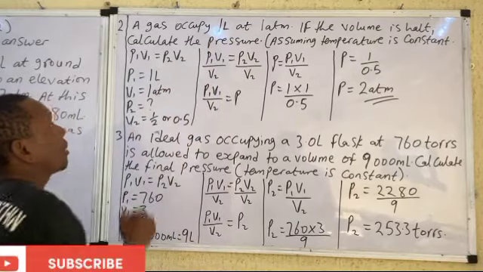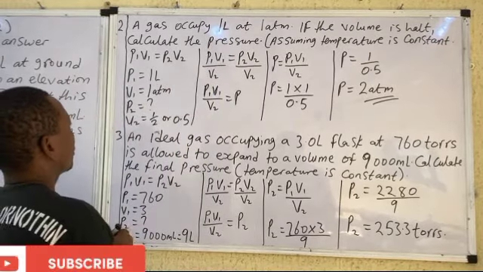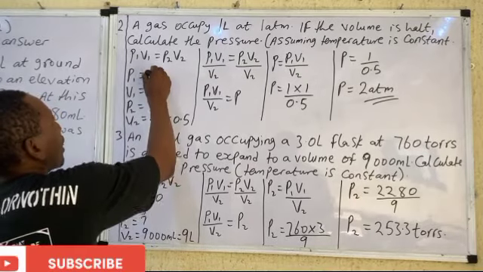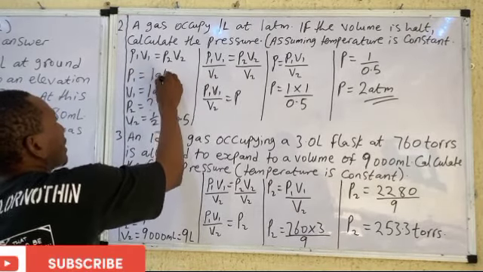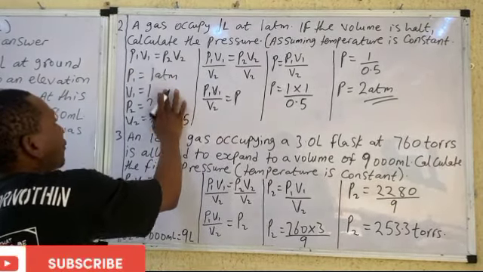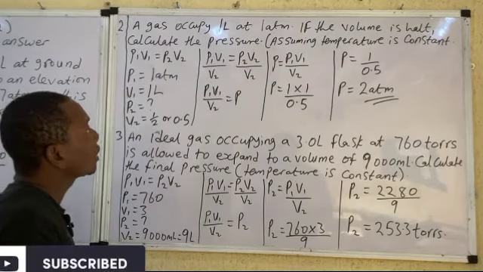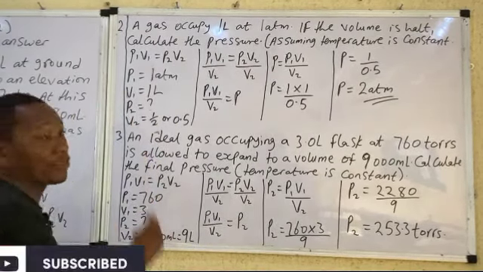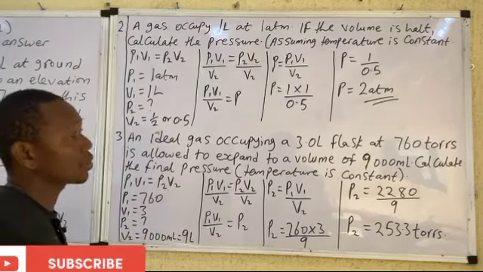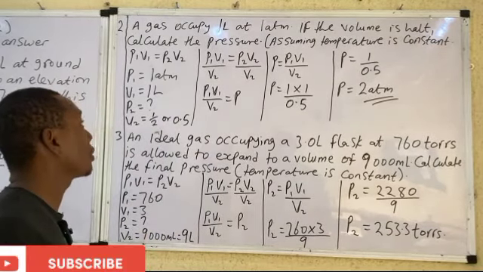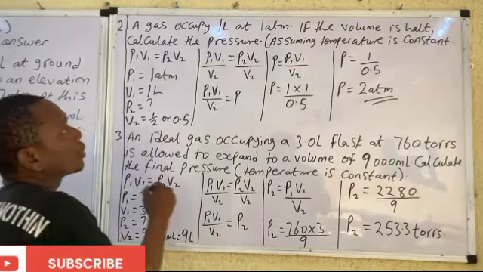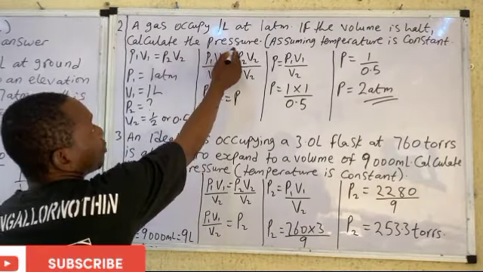Our P1 is actually 1 atmosphere, this is the pressure, while our V1 is actually 1 liter. Remember, liter is for volume and atmosphere is for pressure. We have various units for pressure and various units for volume. All right. Now, what is our P2? They are asking you to calculate the pressure.